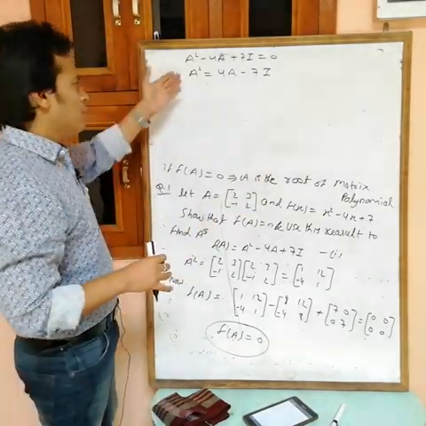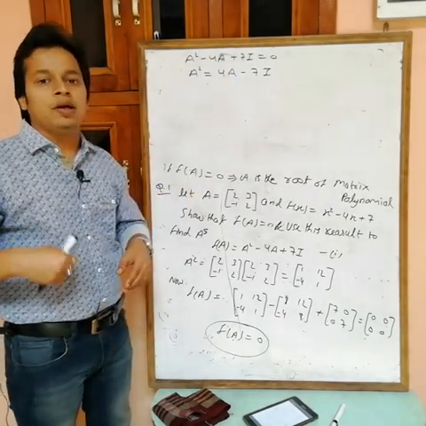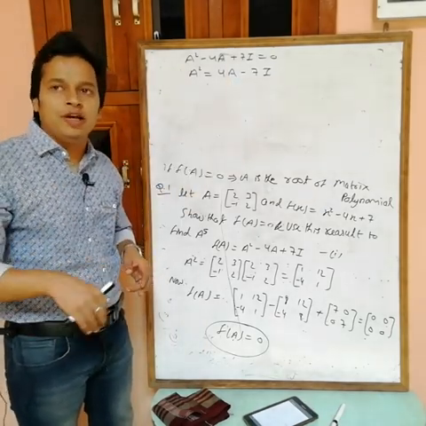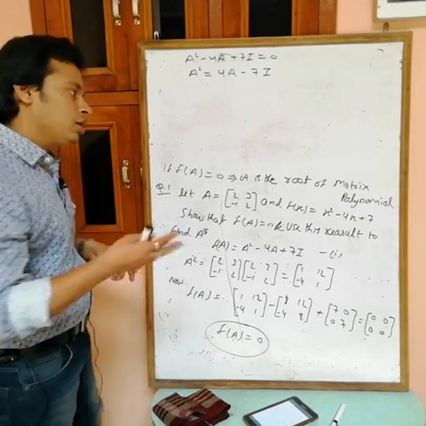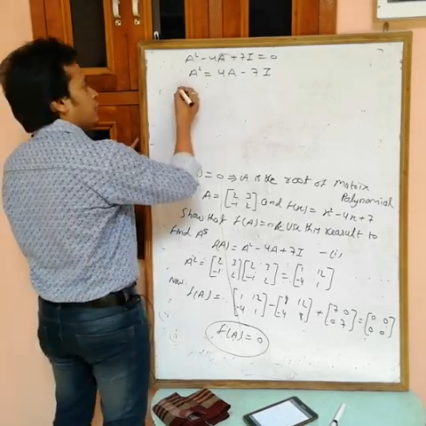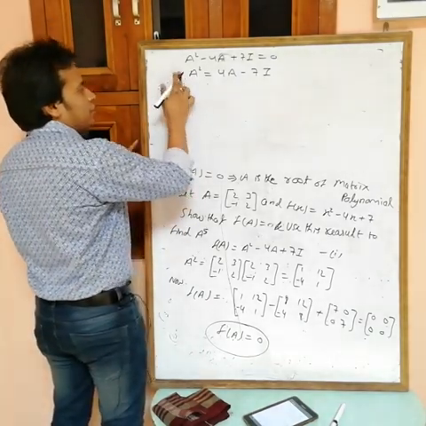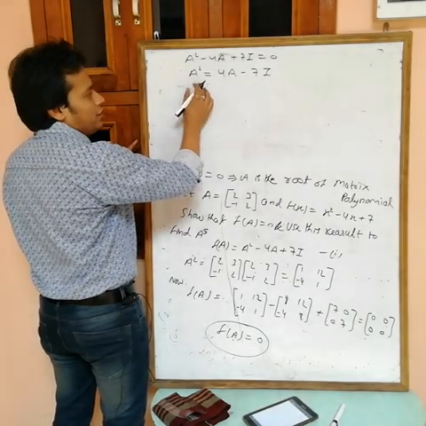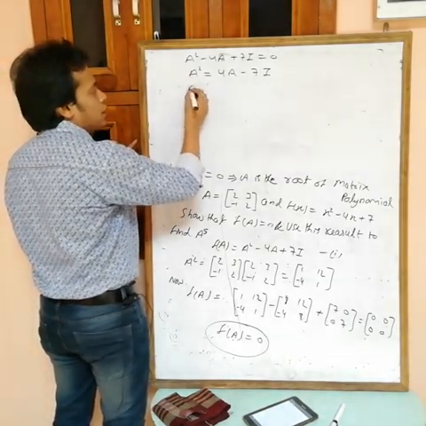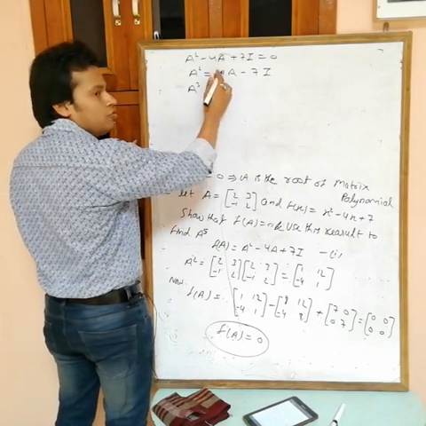Multiply this by A, then you get A cubed, then again by A to get A to the power 4, then again by A to get A to the power 5. So A into A squared is A cubed.